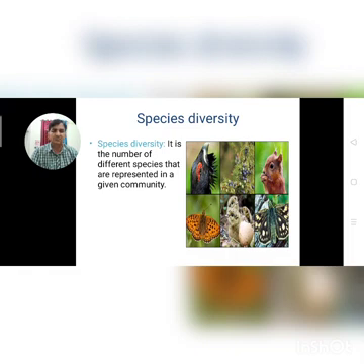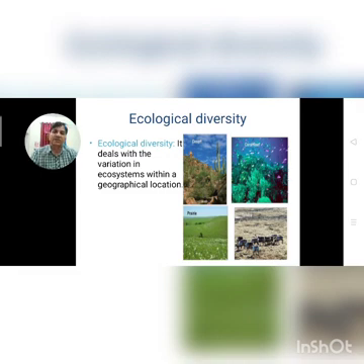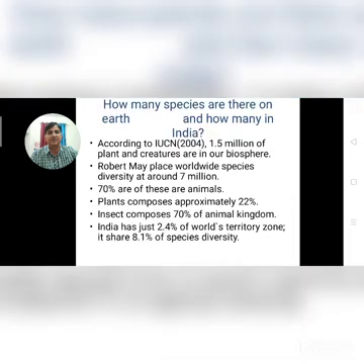So you can name anything, whatever you see on earth, that is species diversity: different kinds of plants, animals, fungi. Then ecological diversity, that is again ecosystem diversity. You can say we have deserts, coral reefs, prairies, tundra, taigas, and different kinds of ecosystems are available with us.